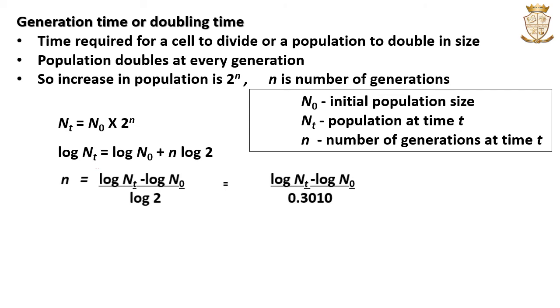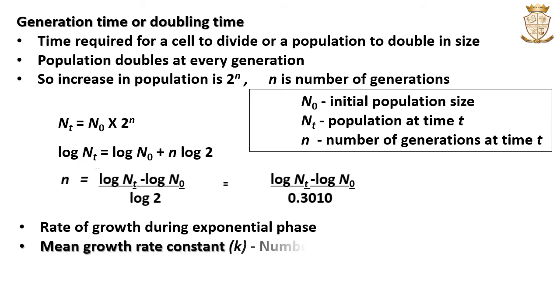The rate of growth during the exponential phase in a batch culture can be expressed in terms of the mean growth rate constant, which is written as K. This is the number of generations per unit time. Number of generations per unit time is the mean growth rate constant.